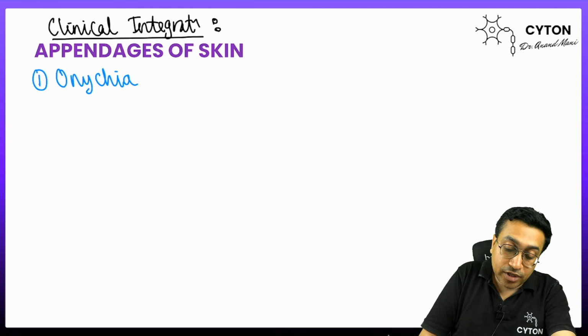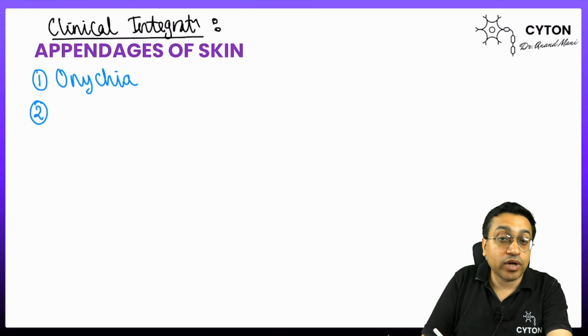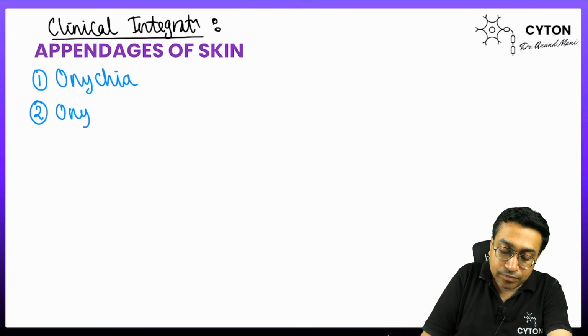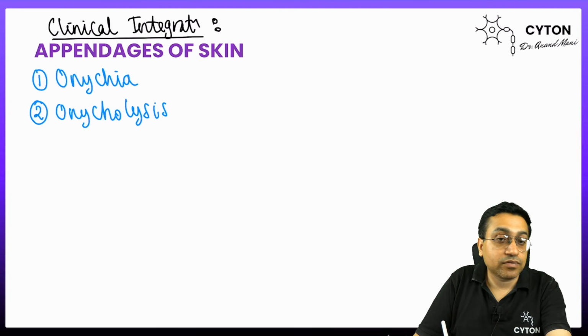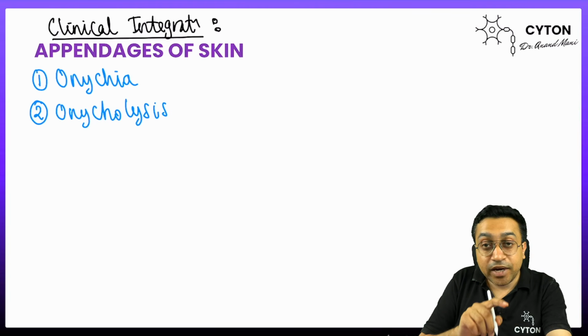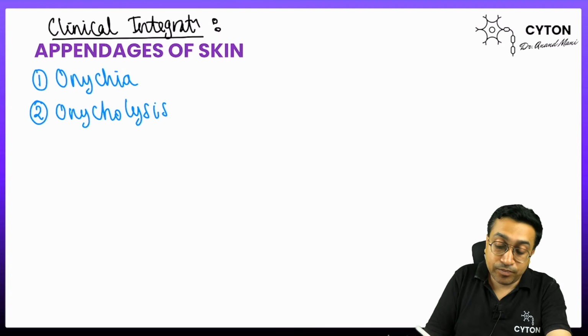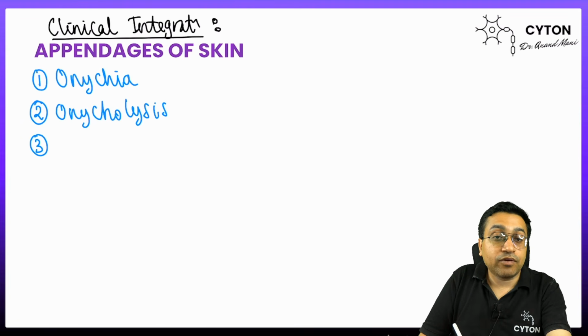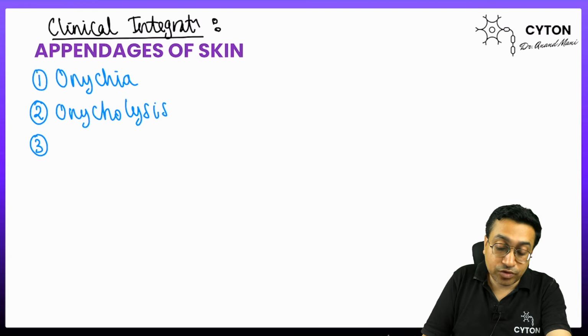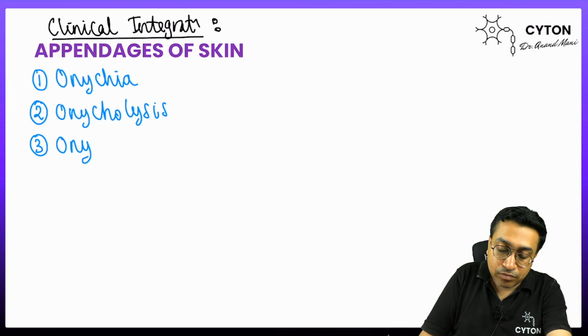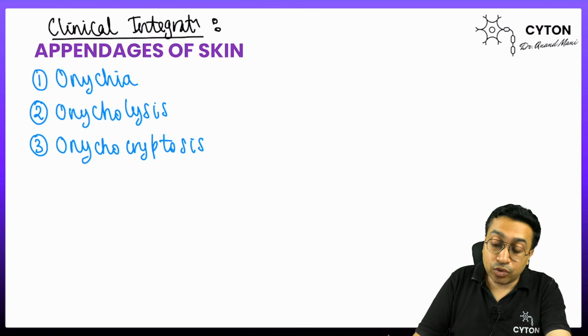Then you have number 2 entity, known as onycholysis. Onycholysis is detachment of the nail plate from the nail bed. Number 3 we have onychocryptosis. This is ingrown toenail, a very common entity actually.